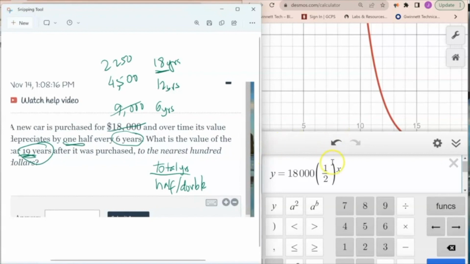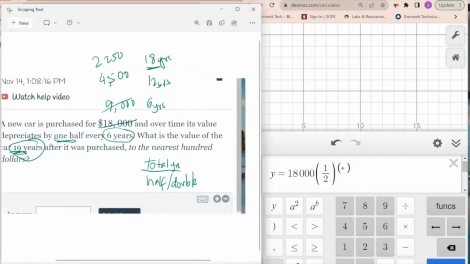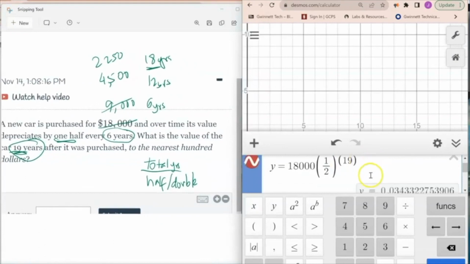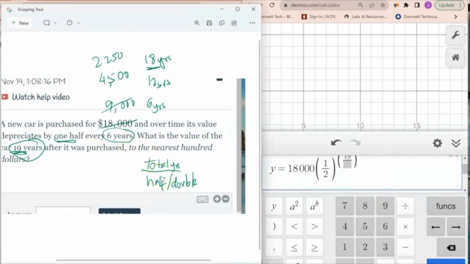Okay. All right. So when I come to x, I put that in parentheses, because if you don't put it in parentheses, it comes out of there for whatever reason. So I need the total number of years. What's my total number of years? 19. Okay, 19 divided by my years of my half-life or years of my double.